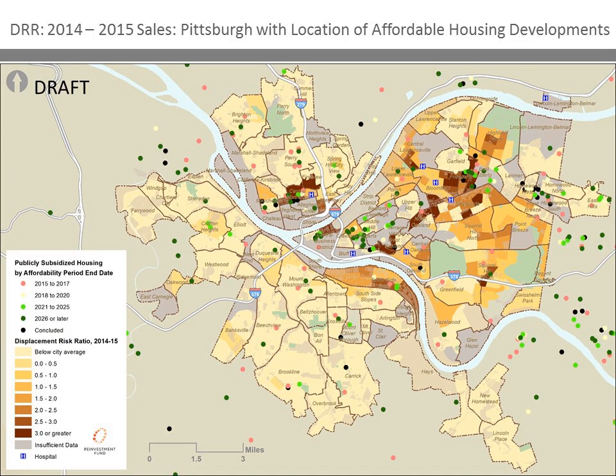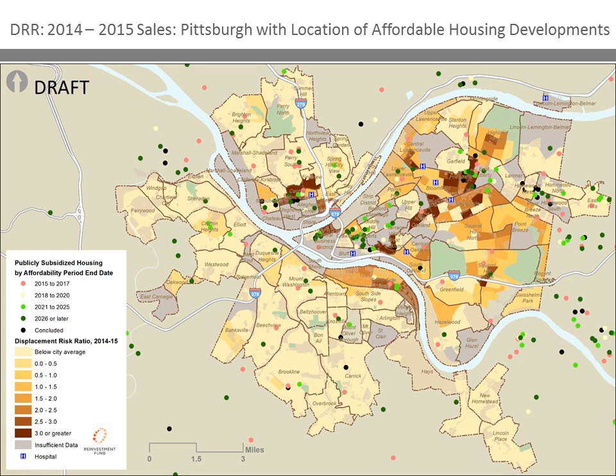This map, though, is an important one because it reflects some of the purposeful things that the city of Pittsburgh did around creating, maybe not enough, but creating affordable housing in an area that was changing in an economically more positive direction. So each one of those dots represents publicly subsidized affordable housing.